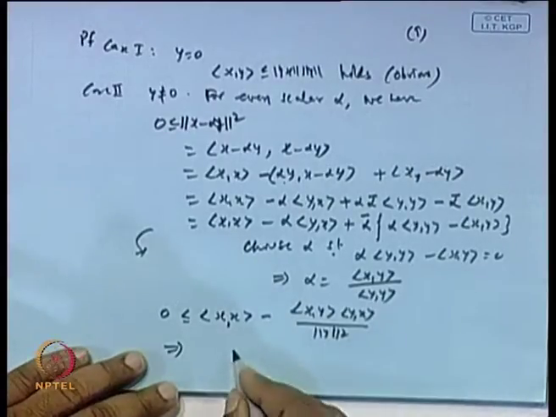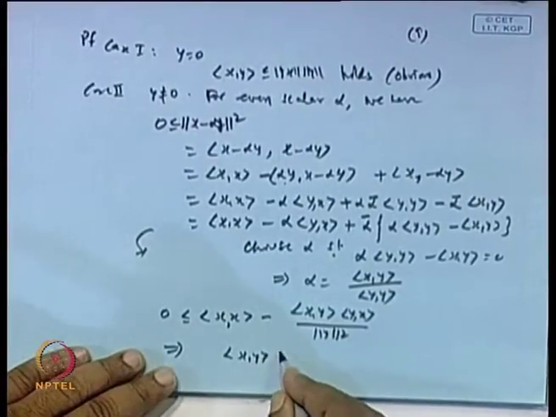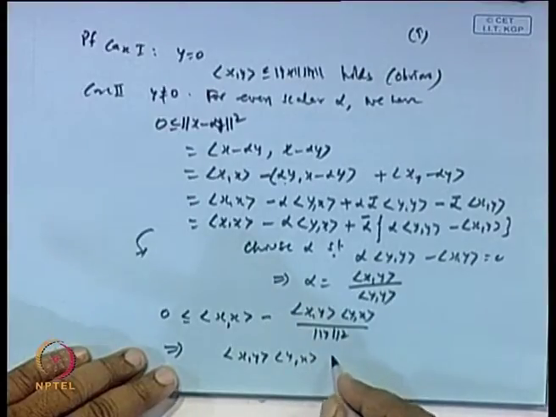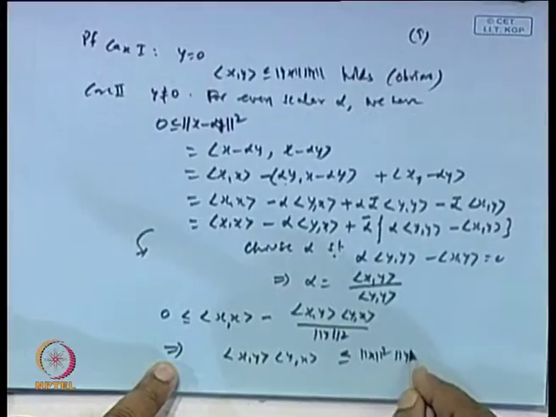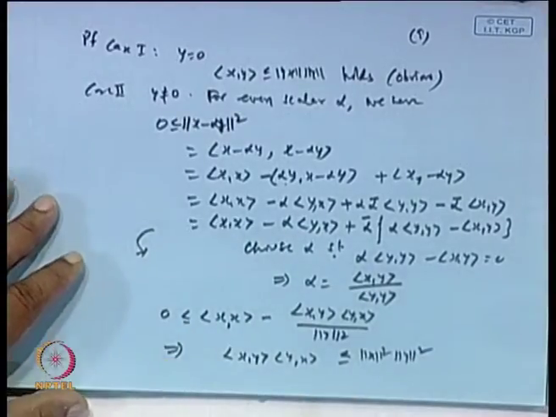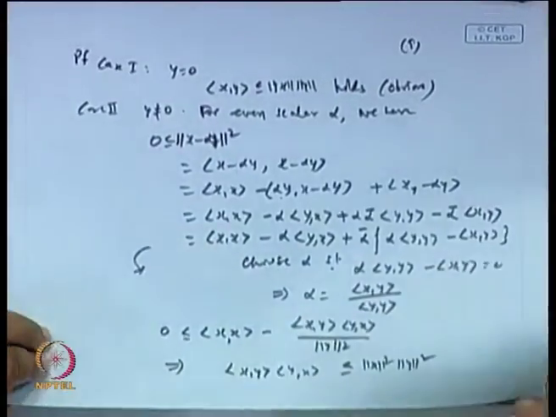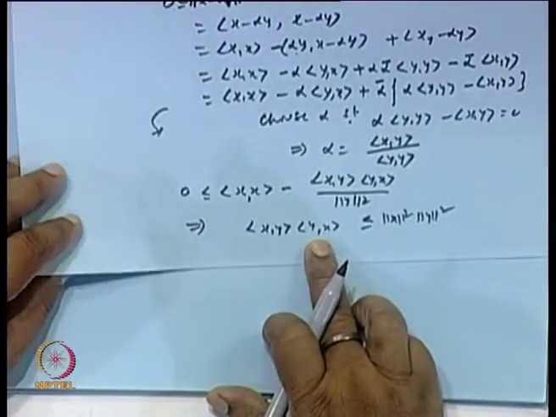So, norm of y is non-negative. So, what we get, ⟨x, y⟩ conjugate is less than or equal to norm x square norm y square. Clear? But what is this? This is the conjugate.